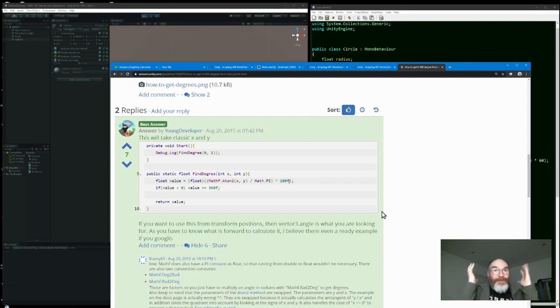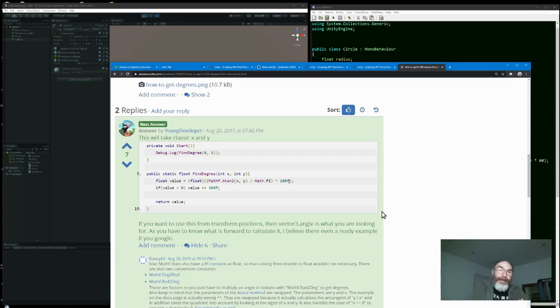Why not use the rad 2 degree function? If the value is less than 0, add 360 to it. Why? Why? Oh, because you want it to be between 0 and 360. Sure. Maybe I'll let you have that one. Maybe.